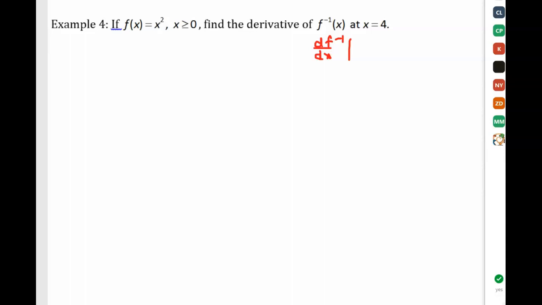So now I need to find the y value. We plug that 4 into my original: f of 4 is 4 squared, which is 16. So what that means is we're really finding f inverse derivative at 16, because 16 is the y value.